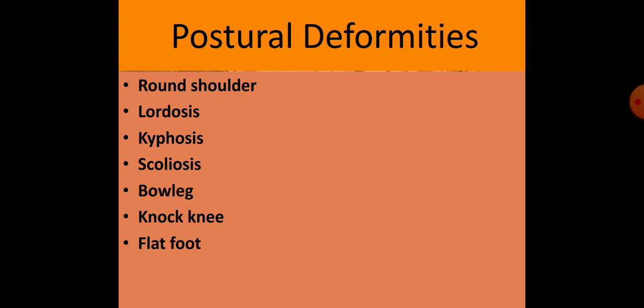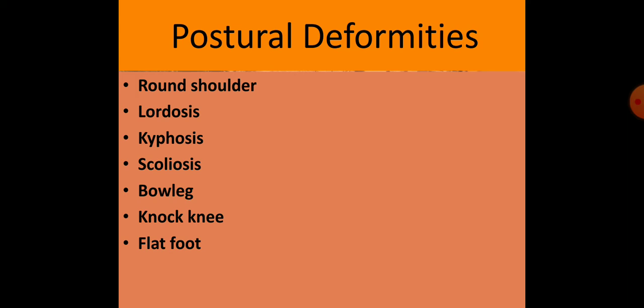If the question asks what the postural deformities of spinal curvature are, we define from here: the first four are of the spinal curvature and the rest of the three are of the leg. If the question asks about 5 or 3, we can define from here.